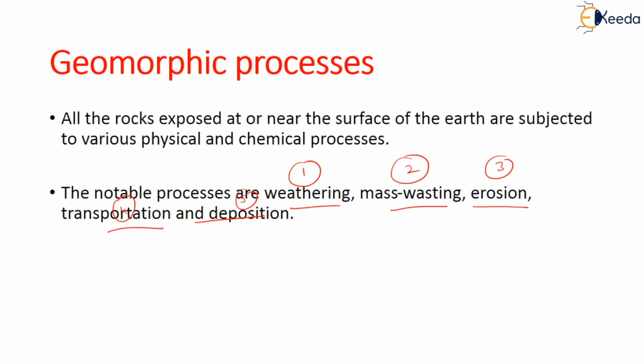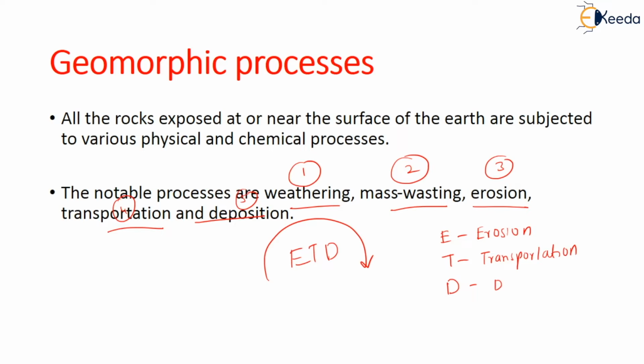In the earlier chapters, we have already learned about the ETD process, which is a cyclic process where E stands for erosion, T stands for transportation, D stands for deposition. Along with it, even weathering and mass wasting also play an important role.